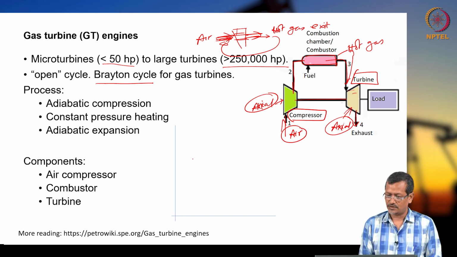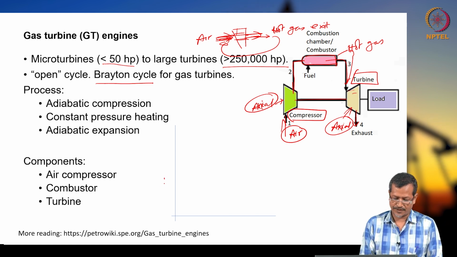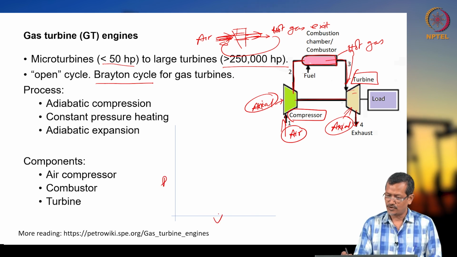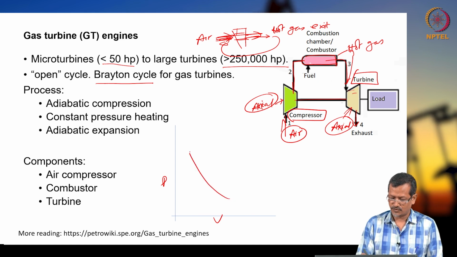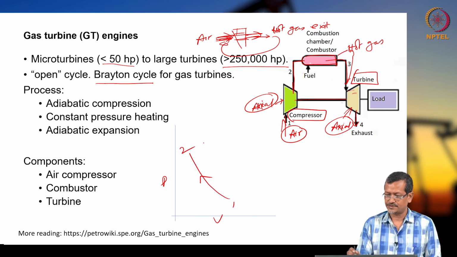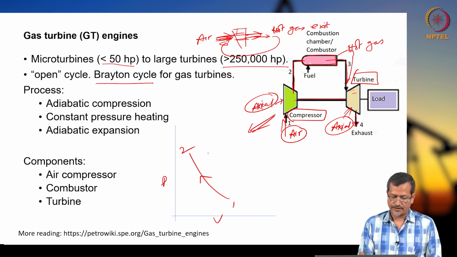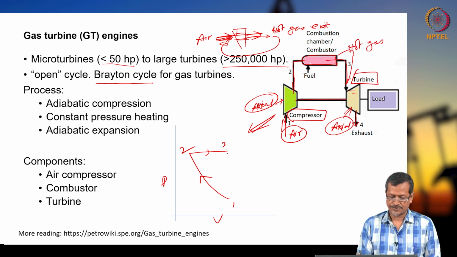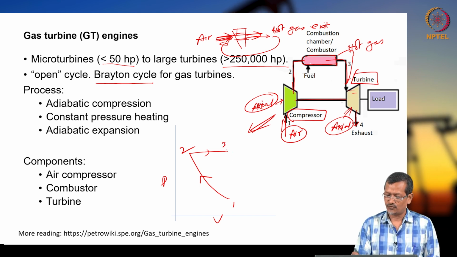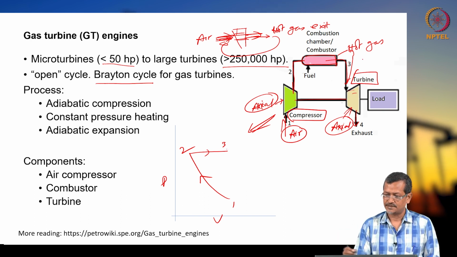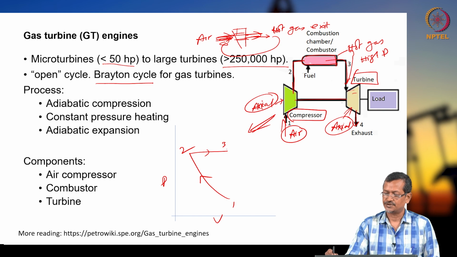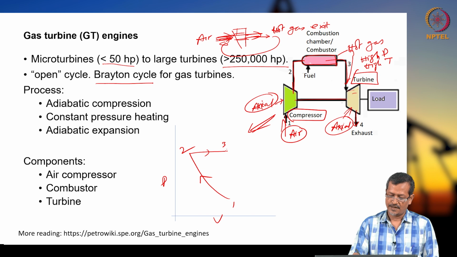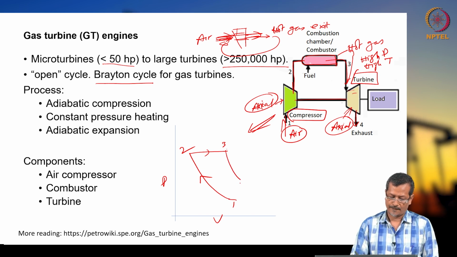Now, if I draw a PV diagram for this, how things are working: initially 1 to 2 compression will be happening, okay, you see the diagram from here, and 2 to 3 combustion happening, and 3 to 4 expansion happening. The high pressure and high temperature gas you take, and expansion will be happening.